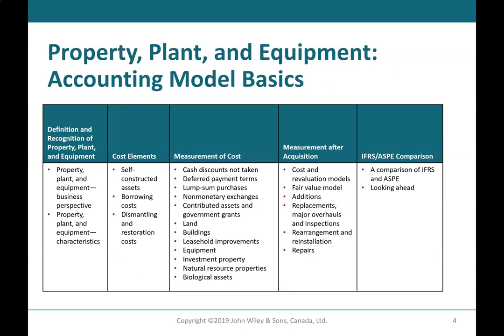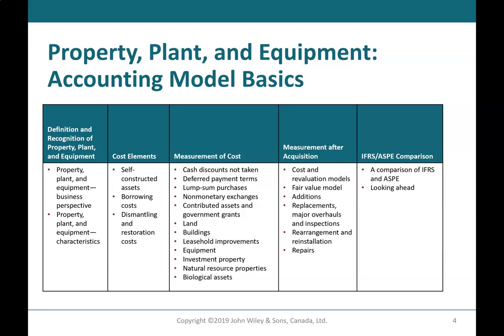Property, Plant, and Equipment, Accounting Model Basics. Definition and recognition of property, plant, and equipment. Property, plant, and equipment business perspective. Property, plant, and equipment characteristics. Cost elements. Self-constructed assets. Borrowing costs. Dismantling and restoration costs. Measurement of cost. Cash discounts not taken. Deferred payment terms. Lump sum purchases.